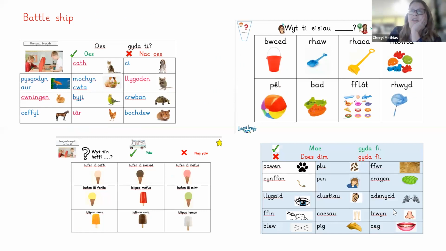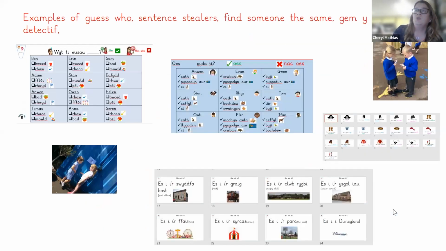Other games, battleships, use that in any kind of patterns as well. So just some quick examples for you there. And guess who, sentence stealers, find someone the same, game of detective, all quite similar concepts where the children are having ample opportunity to practice asking the question and answering it.